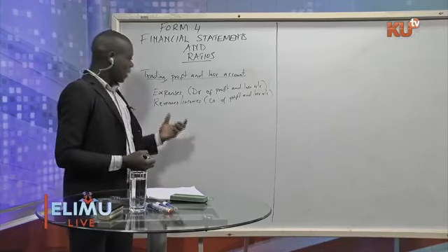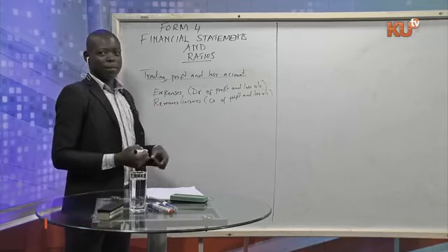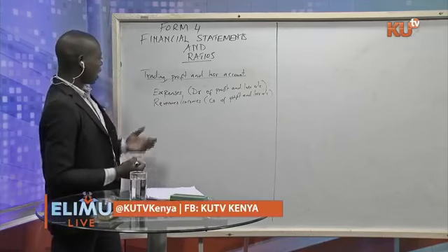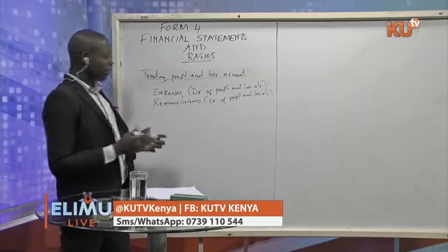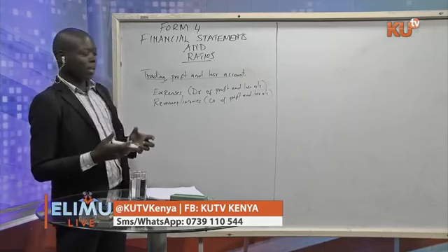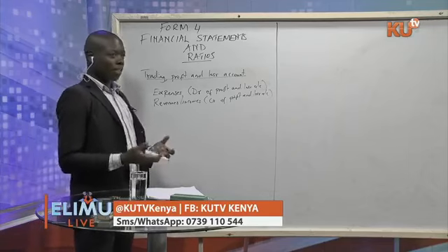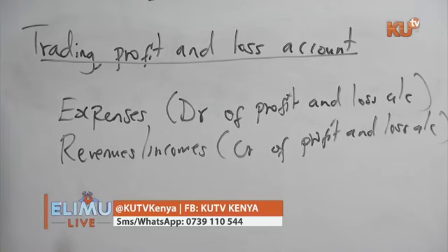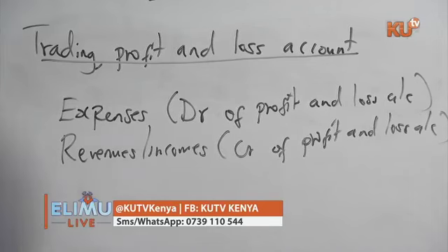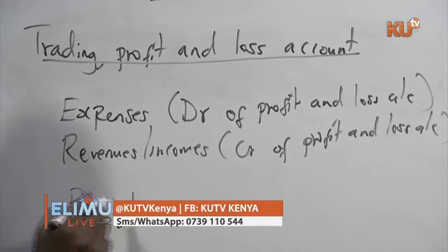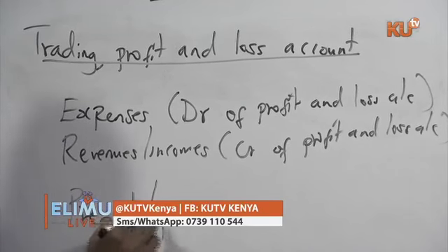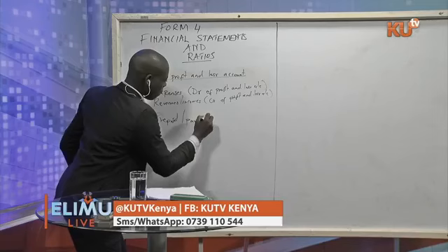We need to understand one thing about expenses and revenues. When we are dealing with accounting, we have to know how to make adjustments to these expenses and revenues. The key adjustment is that sometimes we make payments in advance before the service is offered. We call them prepaid expenses. Prepayment simply means payment in advance.